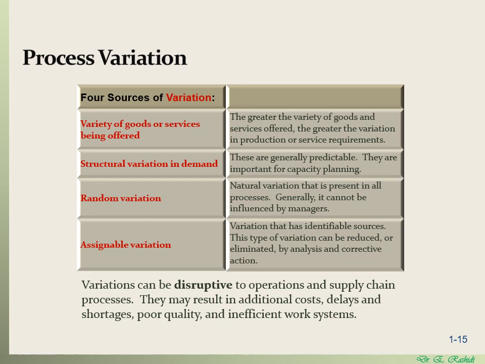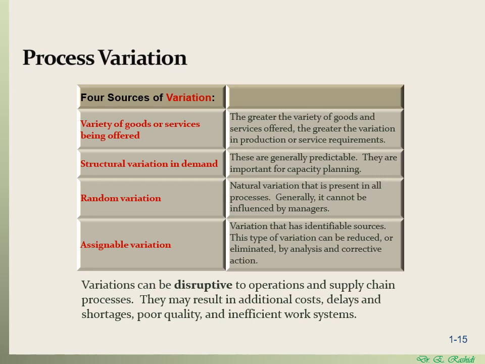Next is the random variation. Random variation is a natural part of any process or any organization. This natural variation, present in all processes, generally cannot be influenced by managers, and we cannot eliminate it. We may be able to minimize it, but we cannot eliminate it.